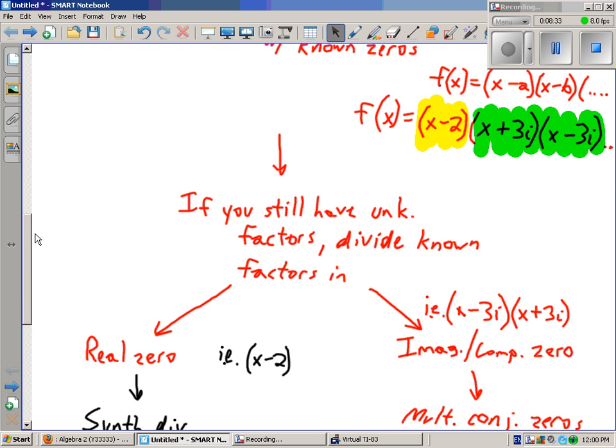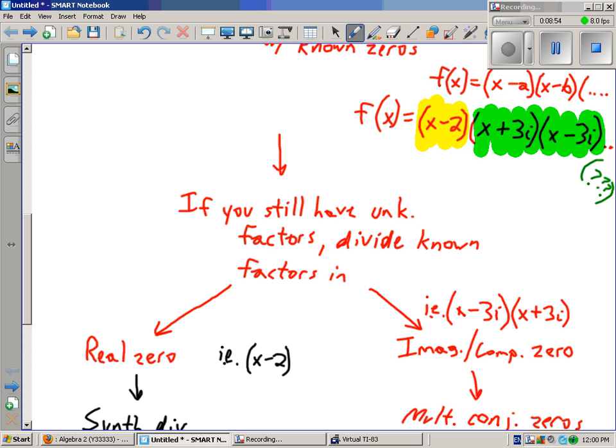Now, if we scroll back up, this function right here could be x minus 2 times x plus 3i times x minus 3i, and then we could have something else that we don't know. This is three linear factors, the x minus 2, x plus 3i, x minus 3i.